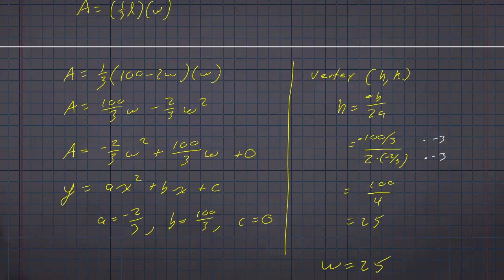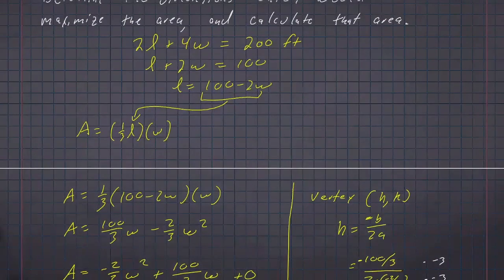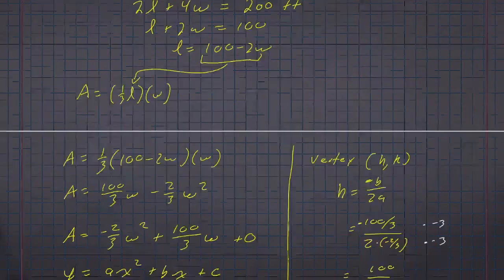And then I can go and calculate both of the things that I'm looking at. I'll scroll up a little bit to remind you that we have this formula L equals 100 minus 2W.